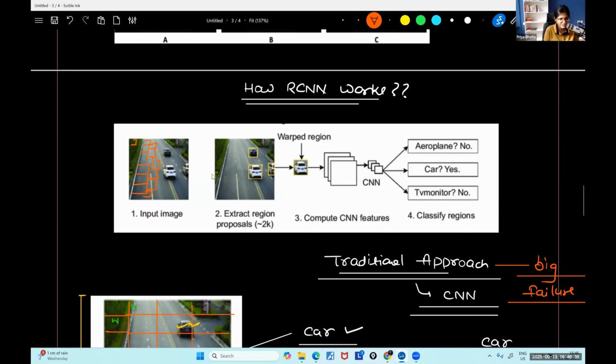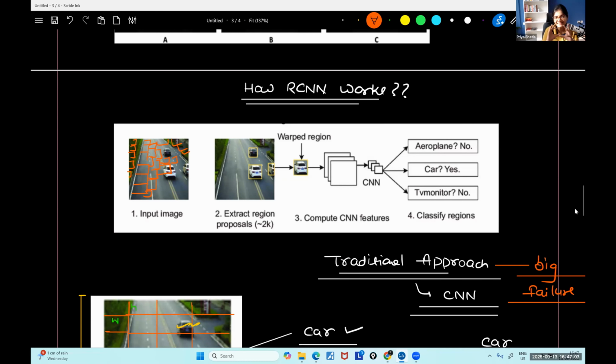Similarly, these green entries will have a similar pixel value. Here also these green entries have a similar pixel value. Here also these road values are the same. But then there comes a point where we can observe a change in the pixel value. There will be a sharp change in the pixel value from, let's say, a road pixel to a car pixel. Do you guys agree with me?